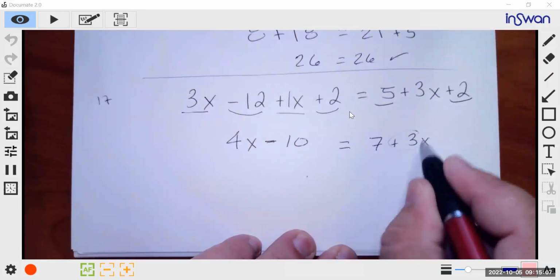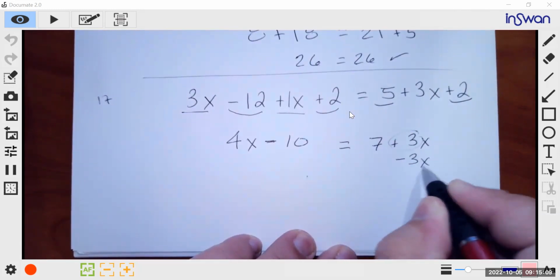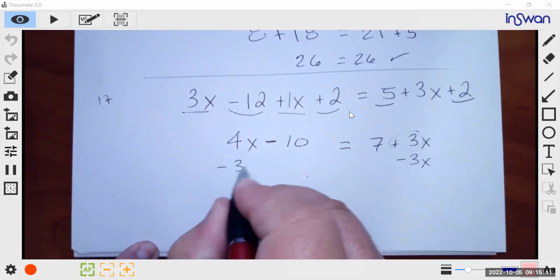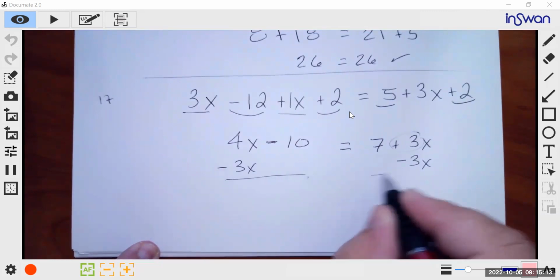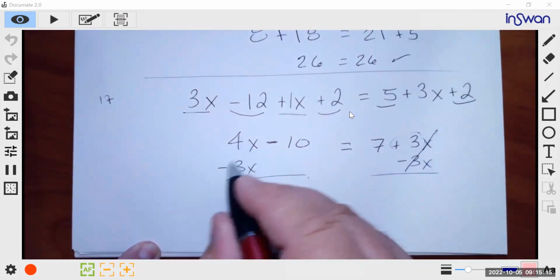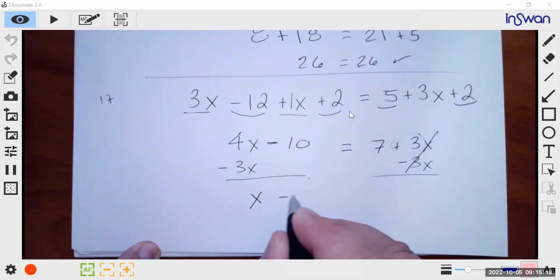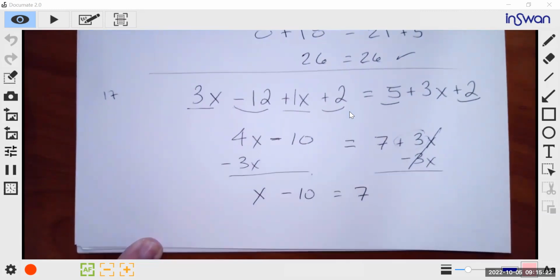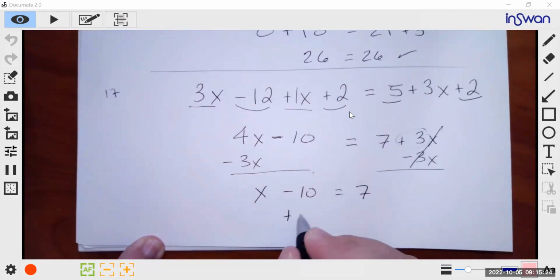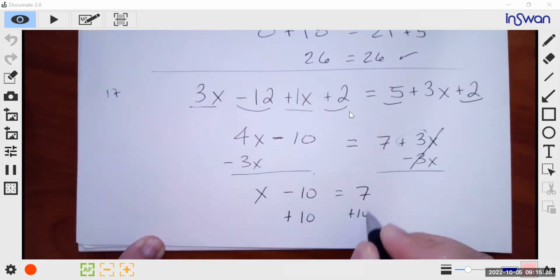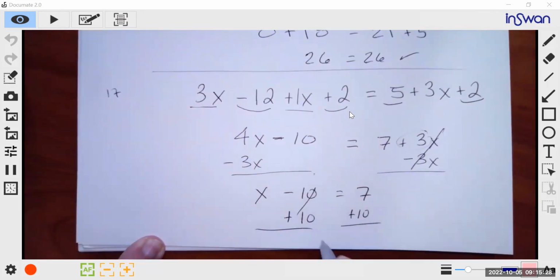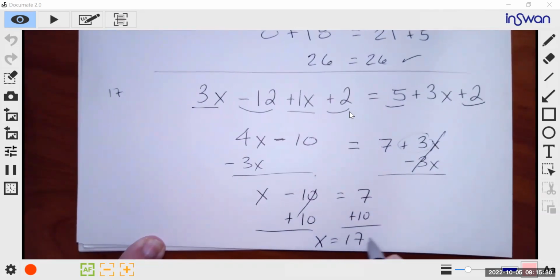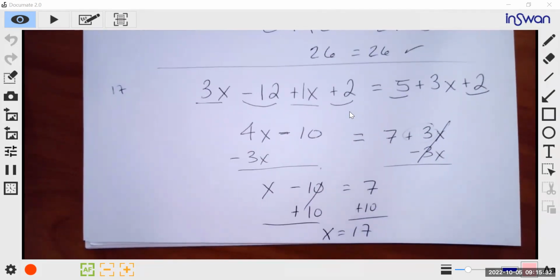Since that's a positive 3x, I subtract 3x from both sides. 4 minus 3 is 1. x minus 10 equals 7. Then add 10. So x equals 17. That's the answer.